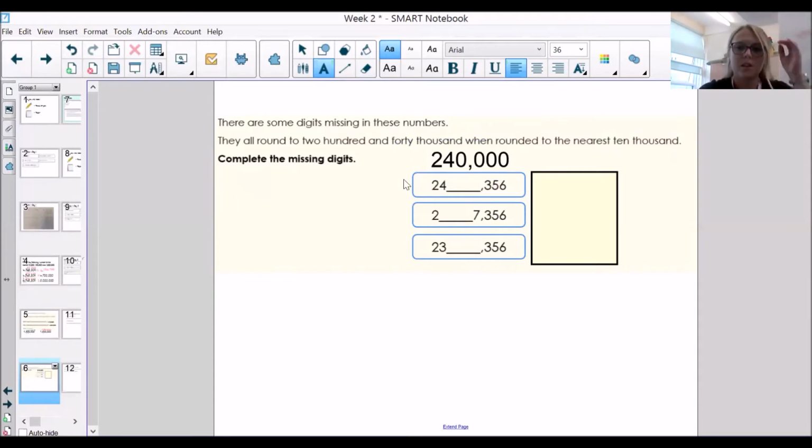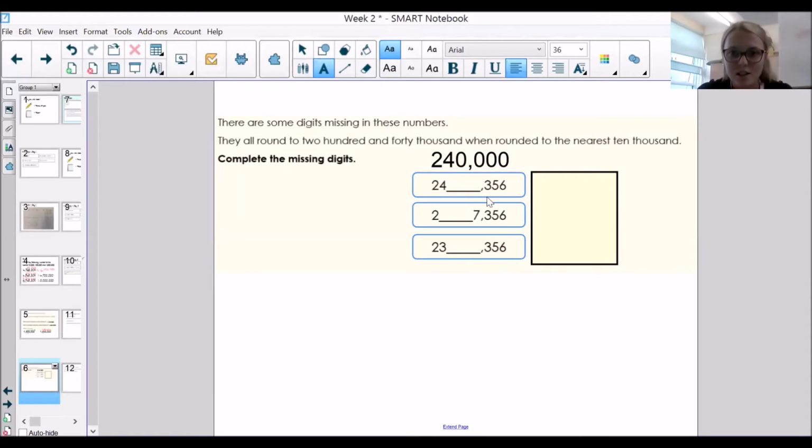For this first one, we've got a 2 in the 100,000s, we've got a 4 in the 10,000s, but we haven't got our thousands digit. If we want to round to 240,000, do you think we have rounded up, or do you think we have had to round down? We're going to have to round down, because if this number was 5 or more, then the 10,000s digit would have increased to a 5, so we would have had 250,000.